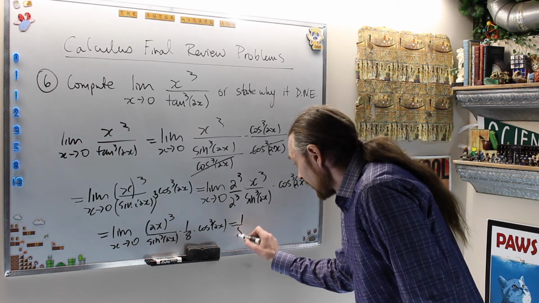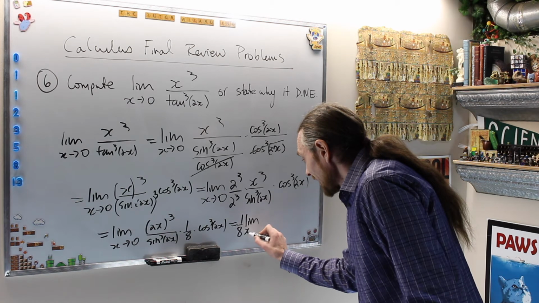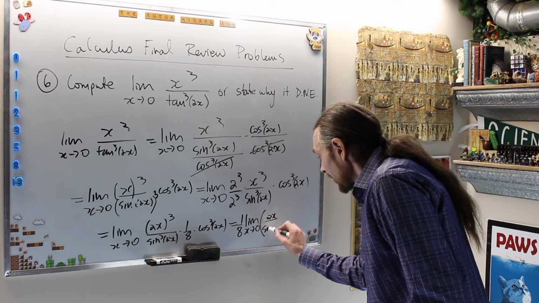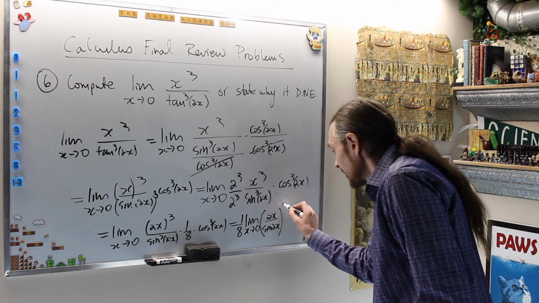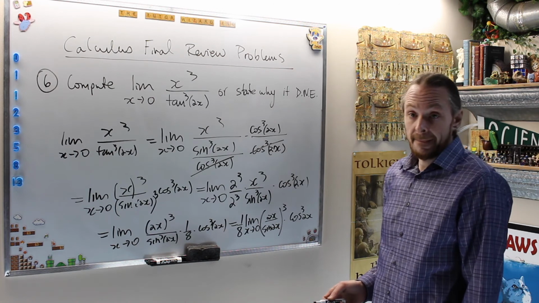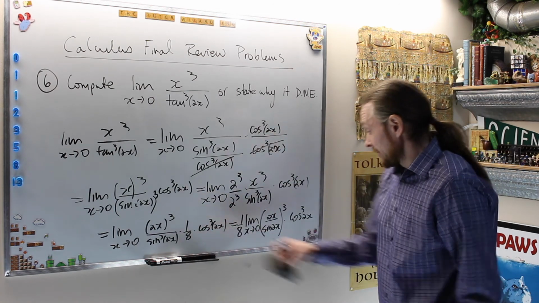Finally, this is 1 over 8, the limit as x approaches 0 of 2x over sine 2x cubed times cos cubed 2x. We'll bring that up and around.